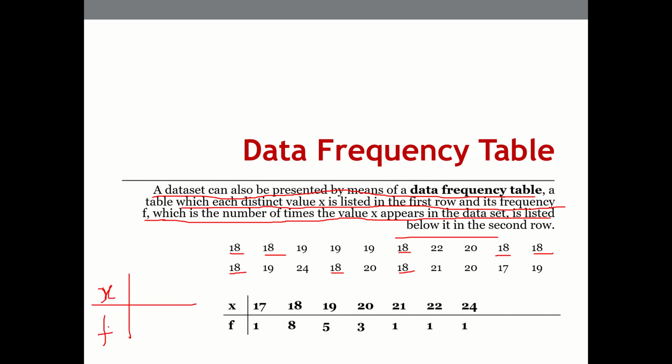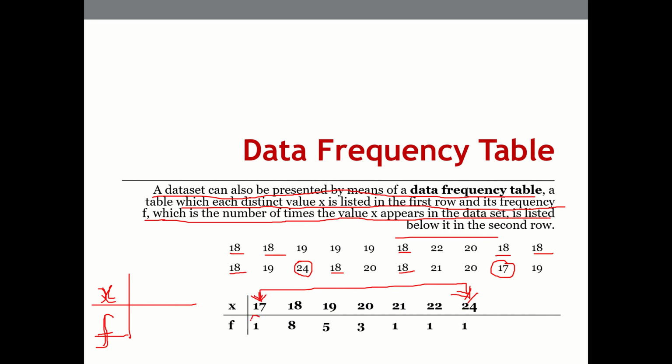X is the raw data, and we say how many times each x value is repeated, and we also do it in ascending order, so that we have a clear data set in hand. The lowest number is 17 and the highest number is 24, so the starting number is 17 and the highest is 24.